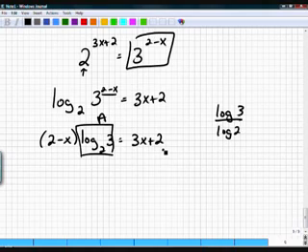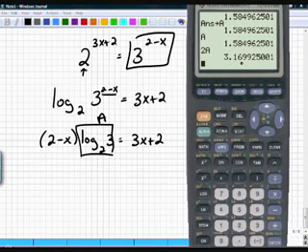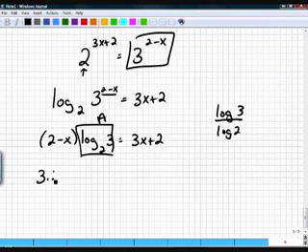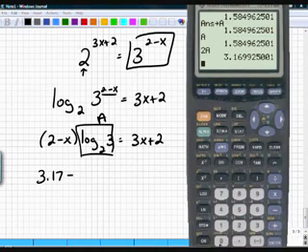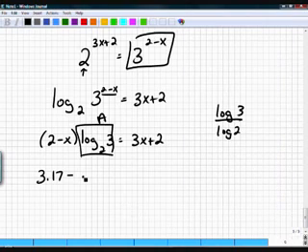So now, to work this problem, again, I put this in alpha A. We've got a distributive property, so we've got to do 2 times that, which I actually just did. So about 3.17 minus 1.58x equals 3x plus 2.